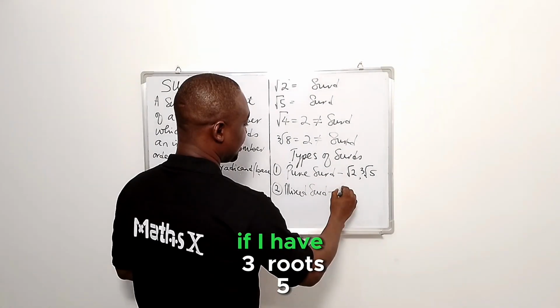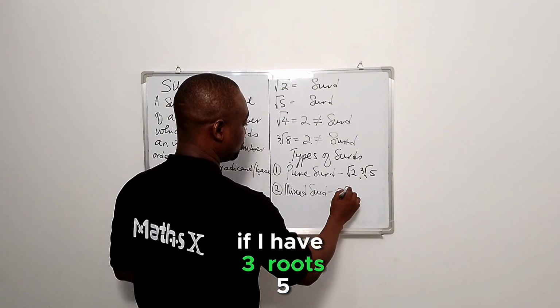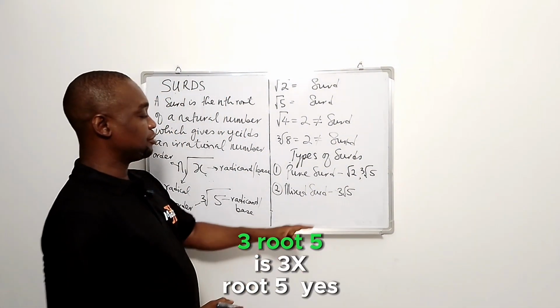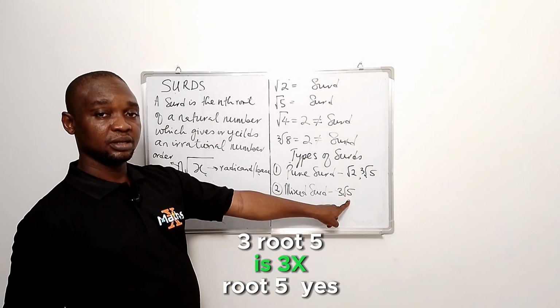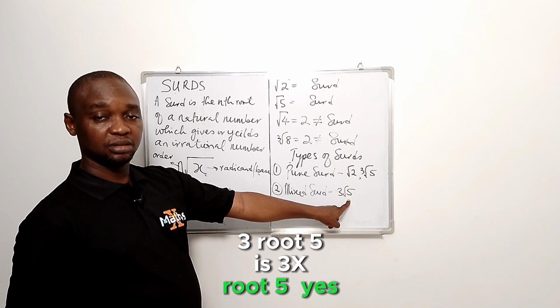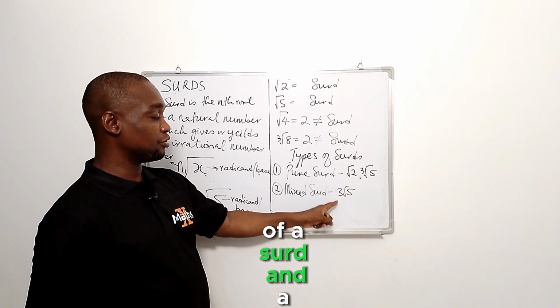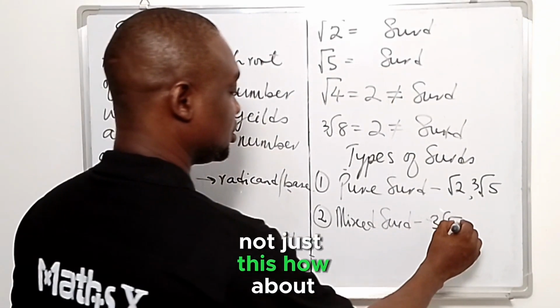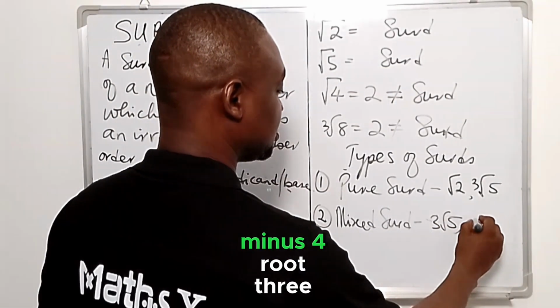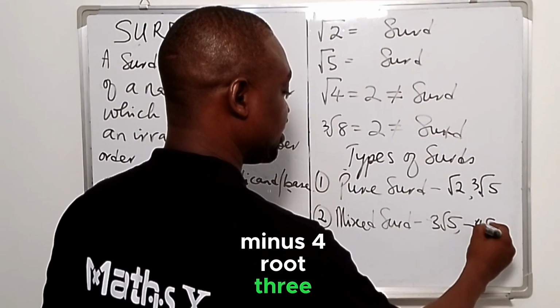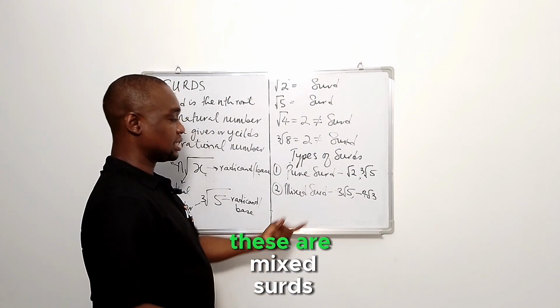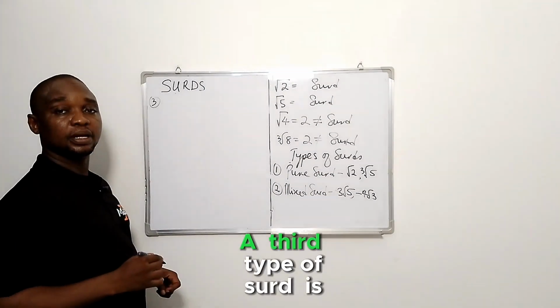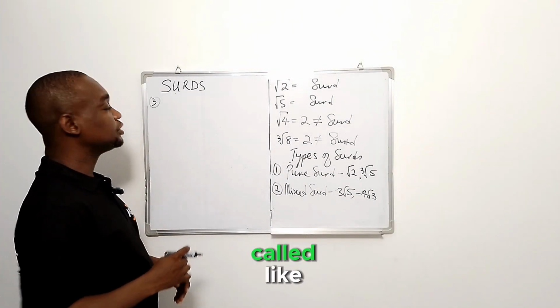For instance, if I have 3 root 5, 3 root 5 is 3 times root 5. So this is the product of a surd and a rational number. Not just this, how about minus 4 root 3? These are mixed surds.